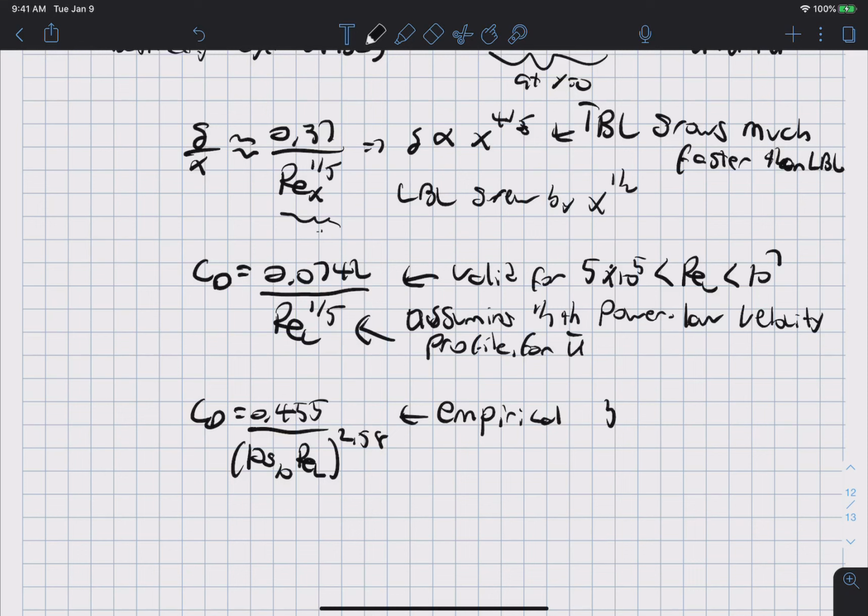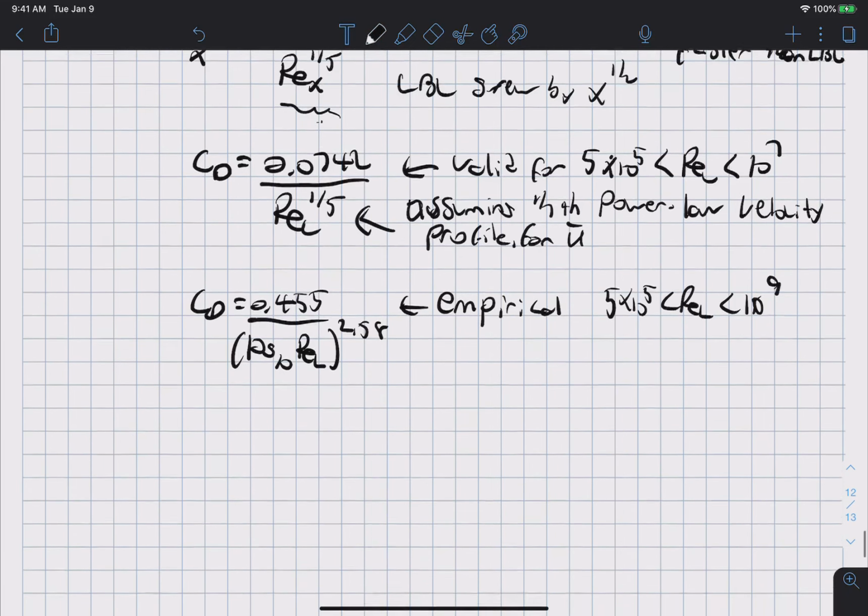And this is valid from 5 times 10 to the 5th less than Re_L less than 10 to the 9. Okay, so because this is a better fit to data, it is this bottom relation here that is more applicable.